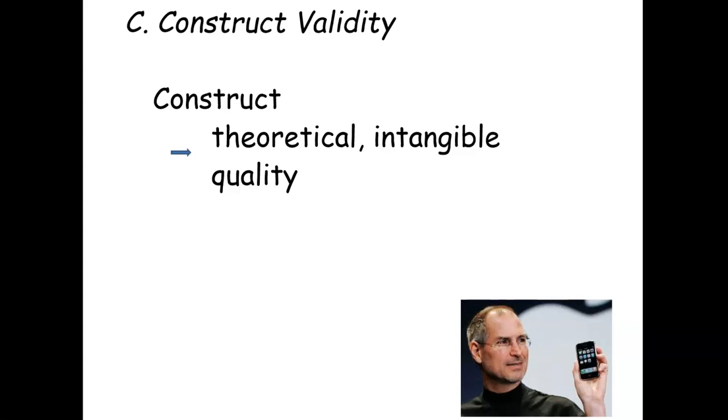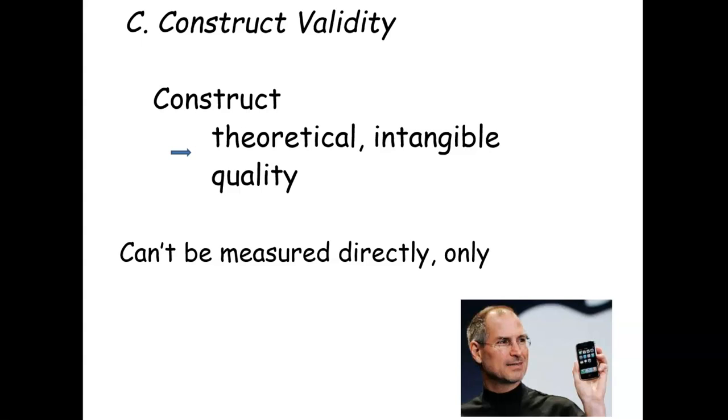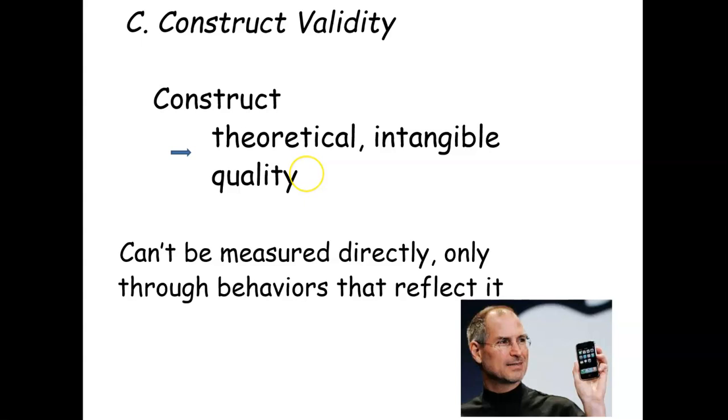Personality characteristics, for example, compassion, are considered to be constructs. So these are things that can't be measured directly. We don't have a blood test for intelligence or IQ. The only way we can measure constructs is through behaviors that reflect it.